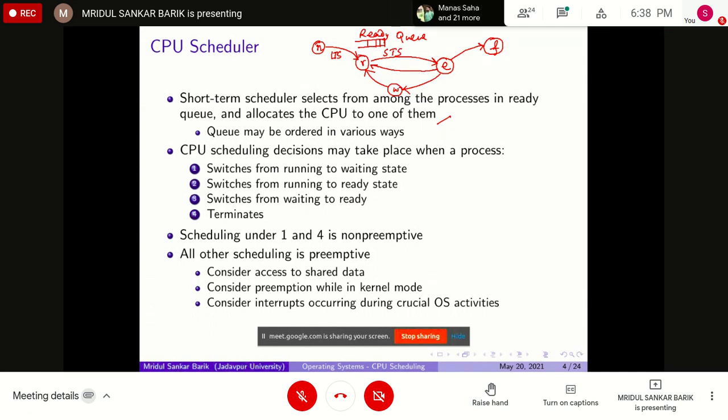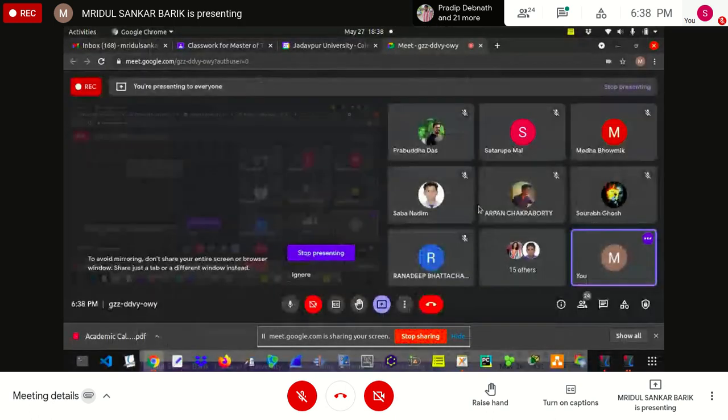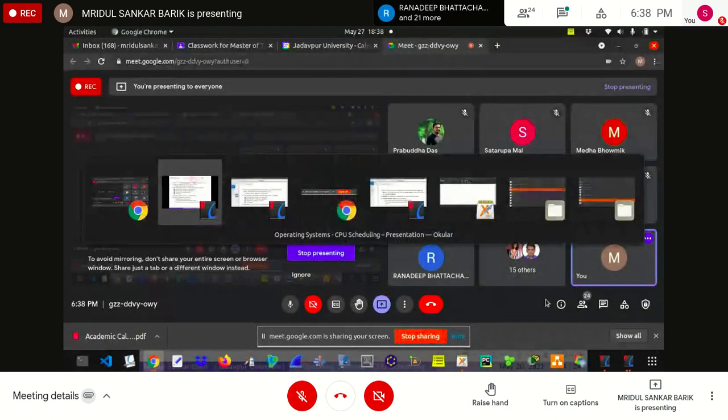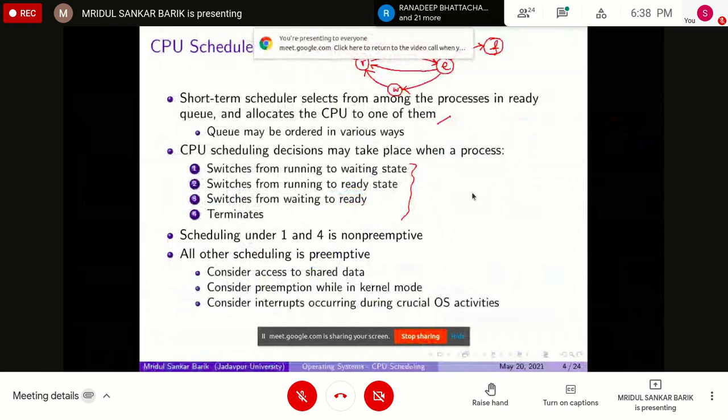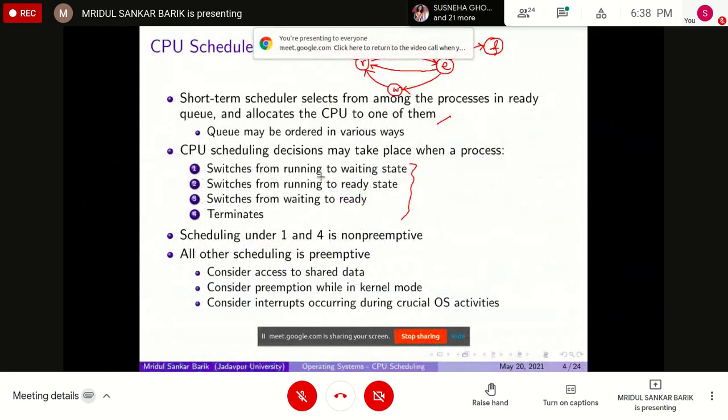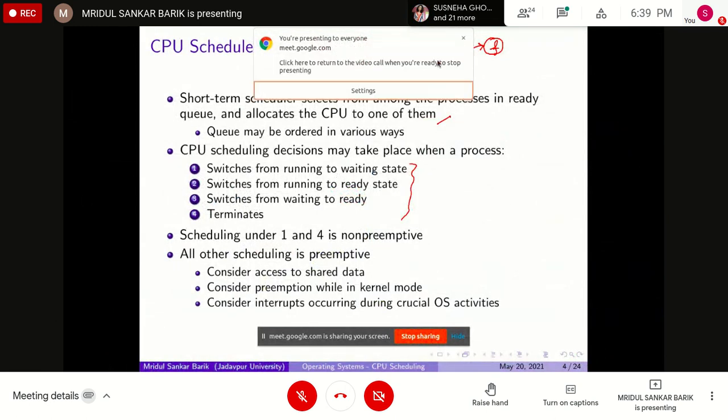CPU scheduling decisions may take place when a process does one of these things. So if any one of these four events happens, then a CPU scheduling decision has to be made, right? So let's see. Case one: when a process switches from running to waiting state.